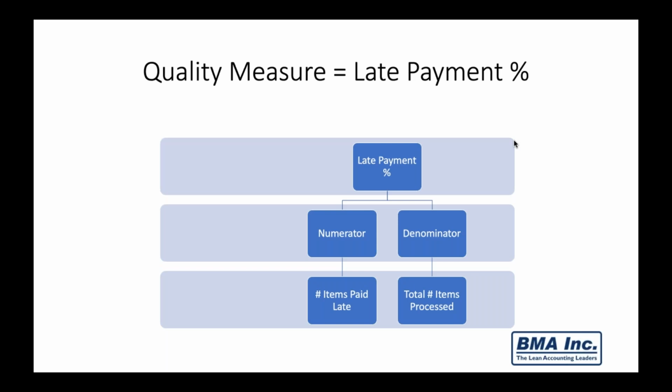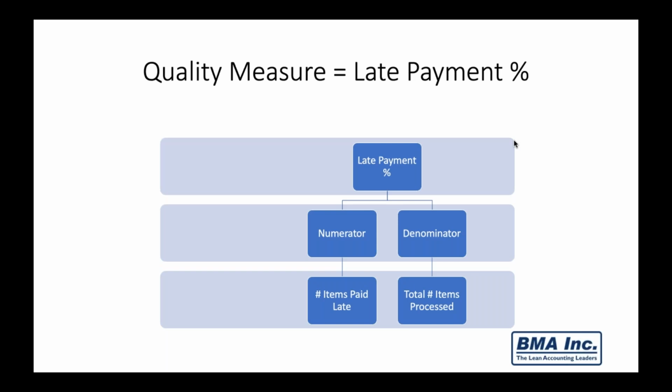So also measure late payment percentage, because that's a good indicator of things that are going on between you and your customer or you and your suppliers. So 2 simple measures: defect rate, late payment percentage.